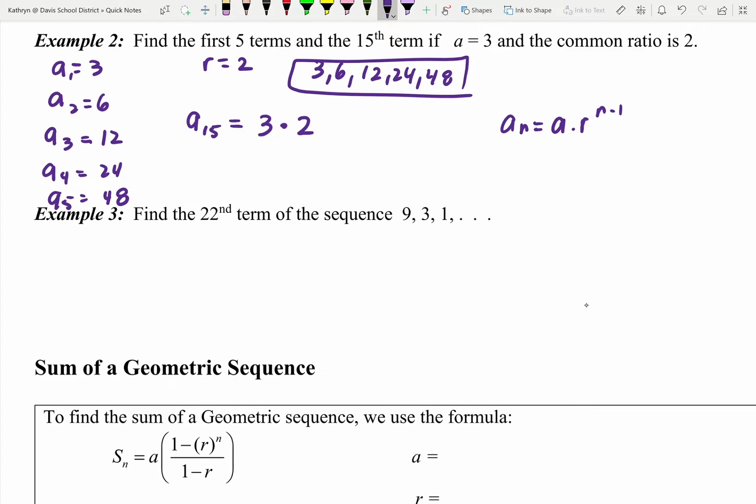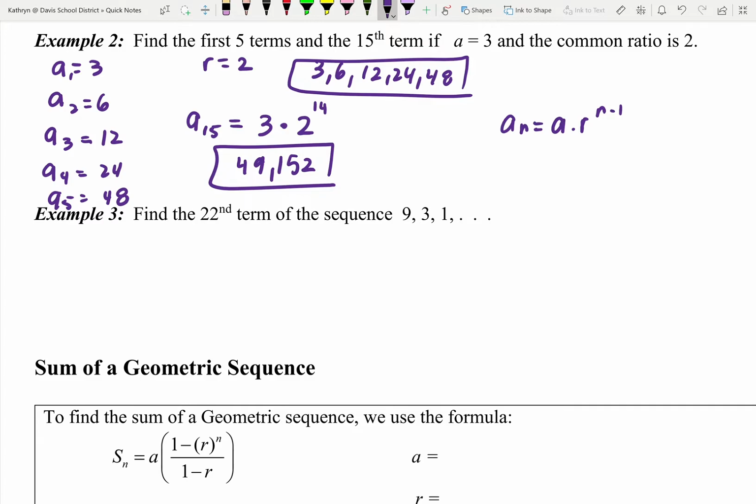Well, if I'm finding a sub 15, then n is 15. 15 minus 1 is 14. Okay, grab your calculator. Everybody go 3 times 2 to the 14th, hit enter, and your answer is 49,152, and we're done. Pretty straightforward.